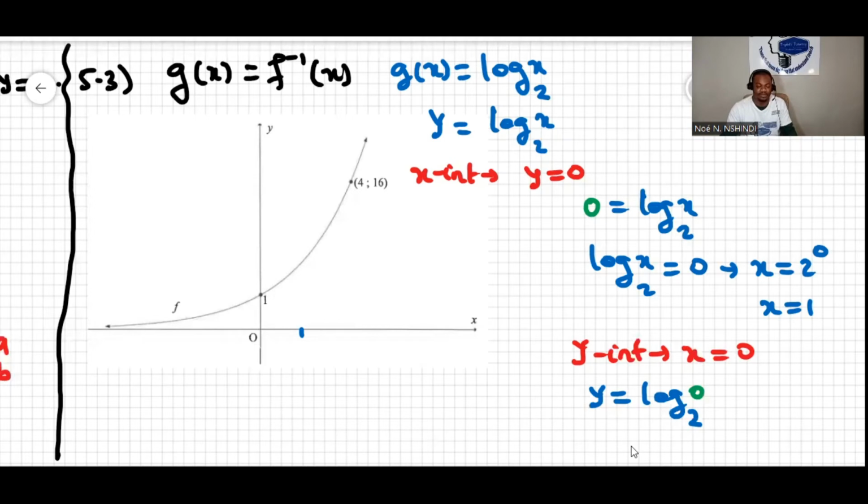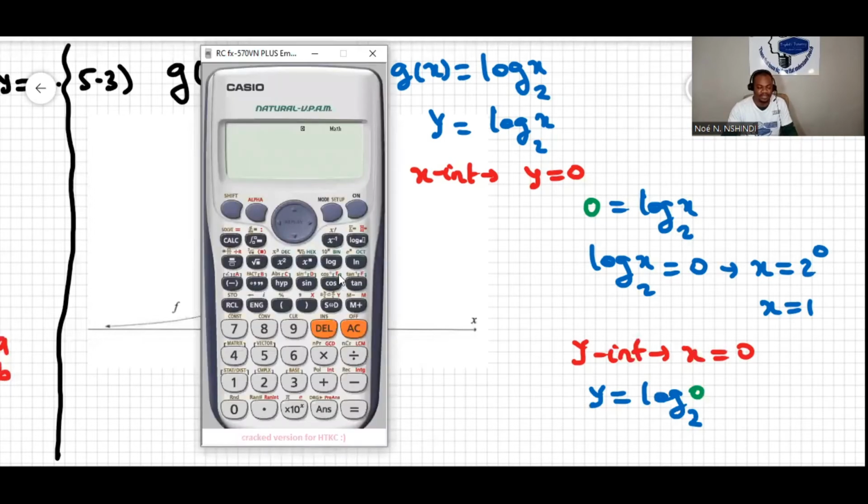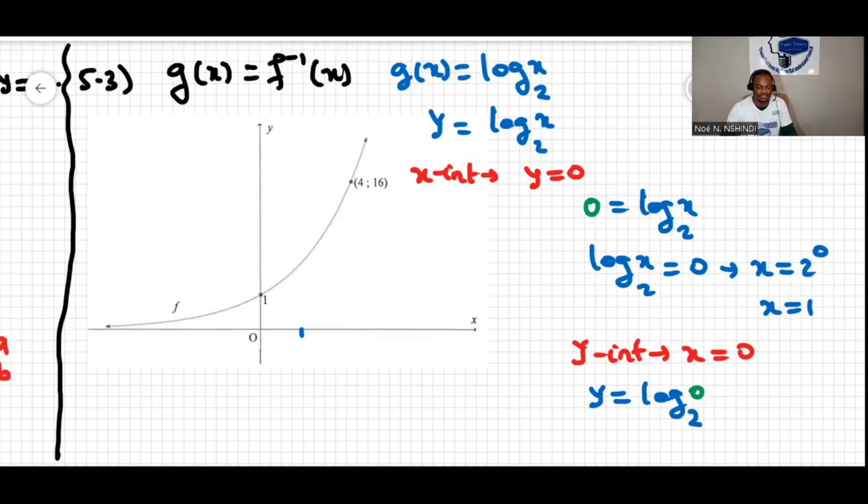If you try to calculate log of 0, regardless of the base, it is undefined, a math error. So it doesn't have a y-intercept. The graph of the log will be this one. Oops, my graph mustn't be that straight. It goes through the intercept, which is 1.